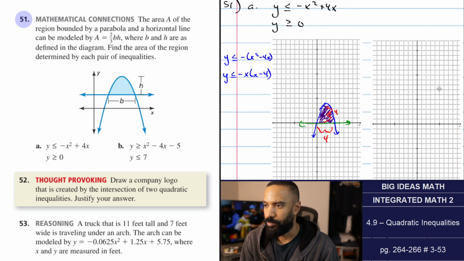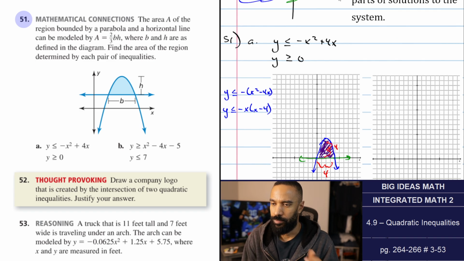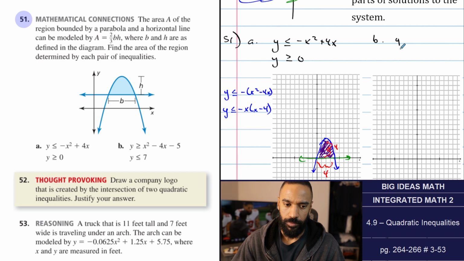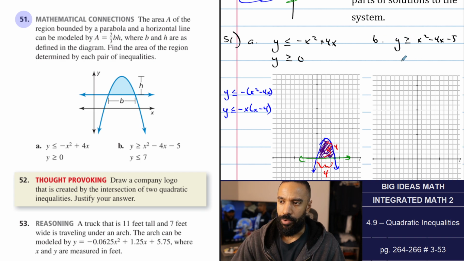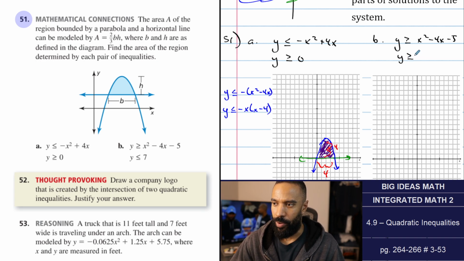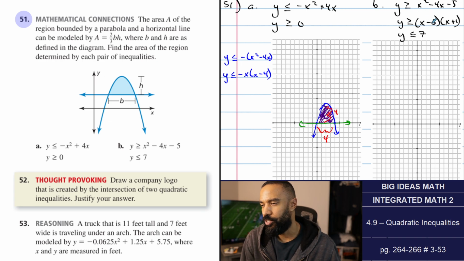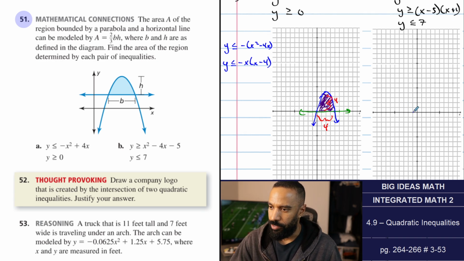Second one. I want to factor this too. Sorry, I'm going to write the factorization. (x minus 5) times (x plus 1), and the other one is y is less than or equal to 7. So the second one, I got x-intercepts at 5 and negative 1.